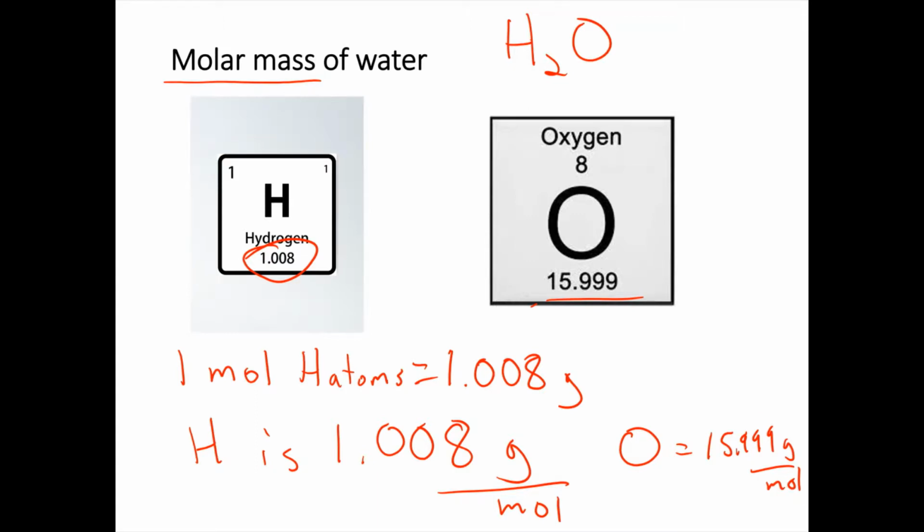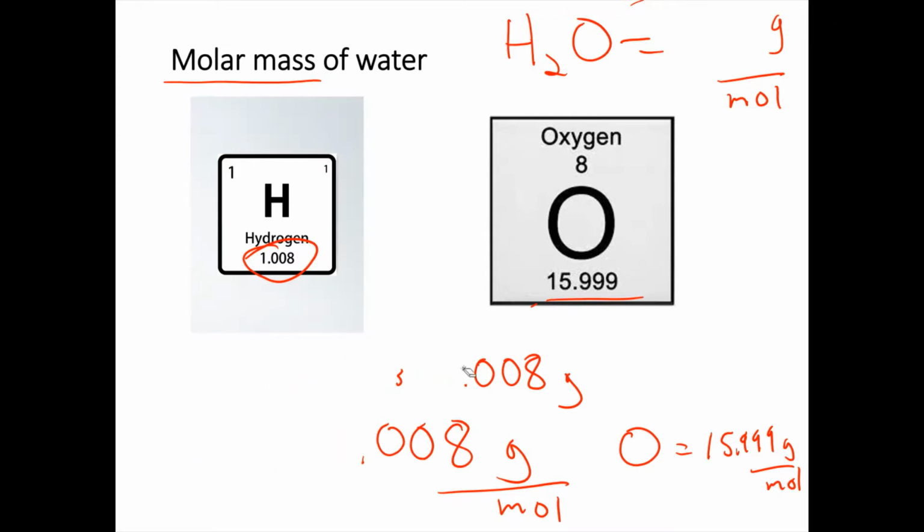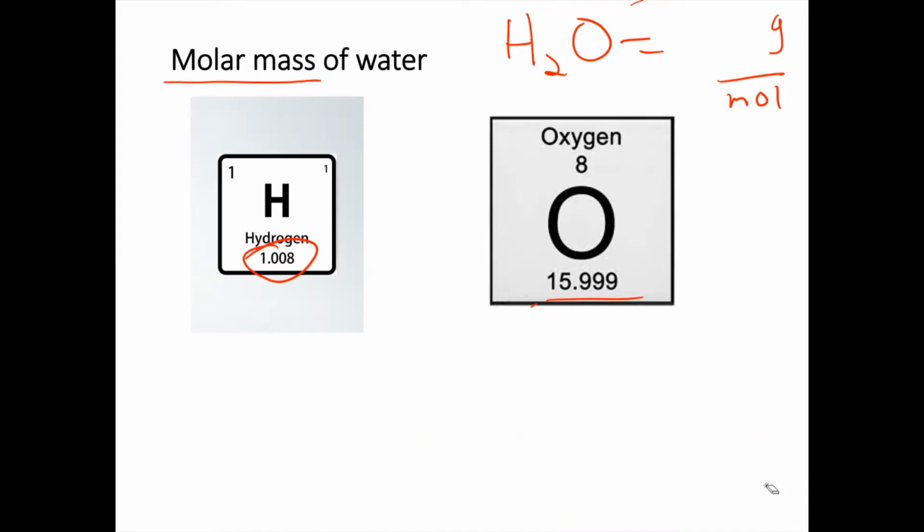So I can add up 2 H's and 1 O to see how many grams is 1 mole of H2O molecules. And I do that by adding up these masses, these numbers for H and O. So I do 1.008, which is H, and I have 2 of them, plus 15.999.